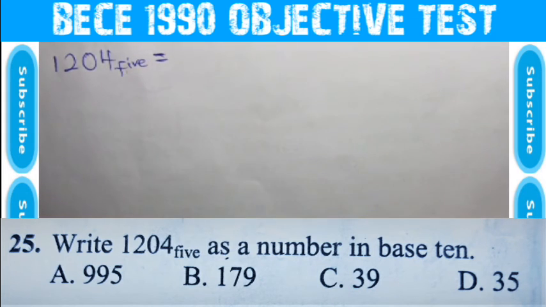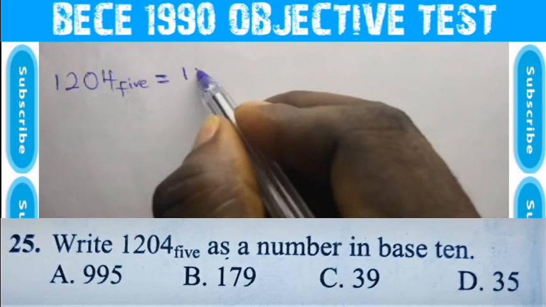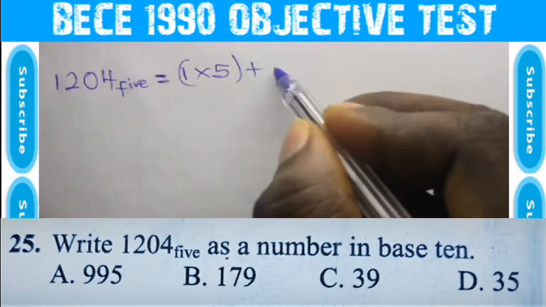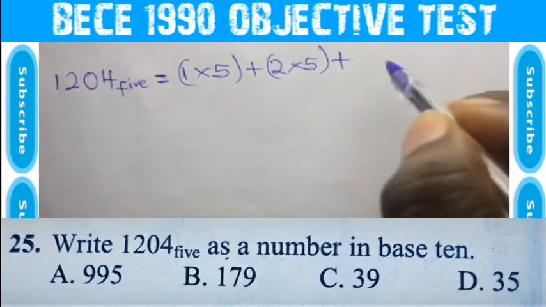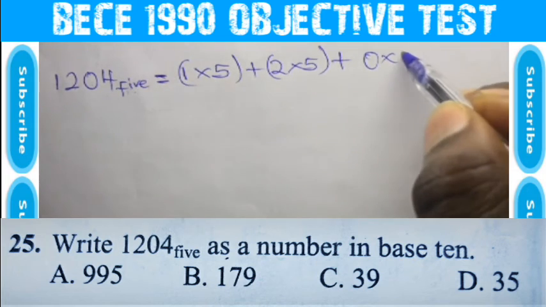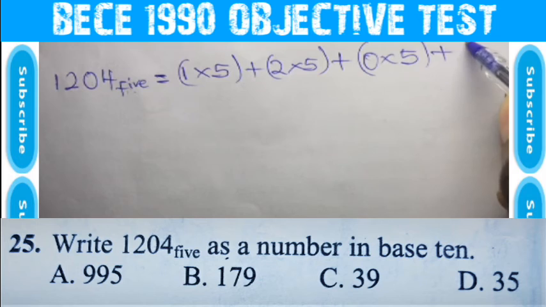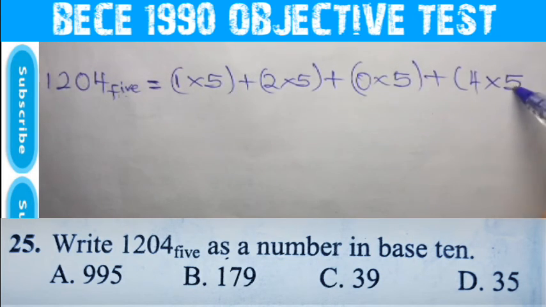So we take 1 and multiply it by 5, plus take the 2, multiply it by the base 5, add it to take 0, multiply it by the base 5, take 4, multiply it by the base 5.